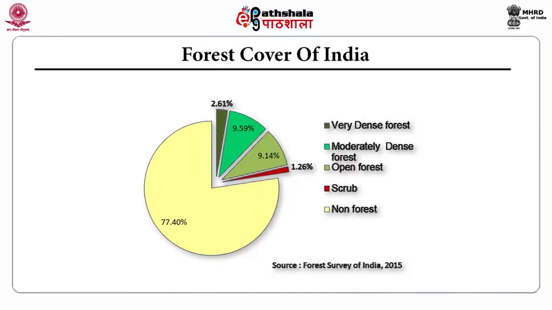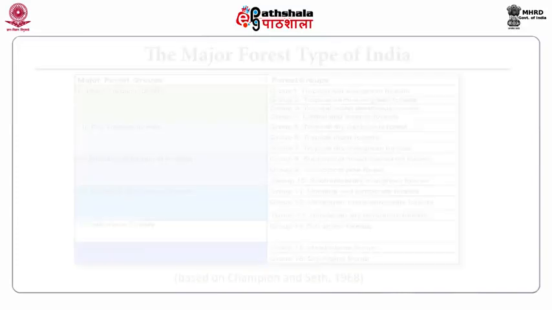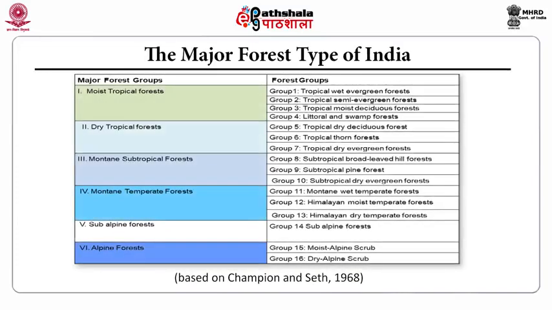It shows the very dense forests 2.61%, moderately dense forests 9.59%, open forests 9.14%, the scrub 1.2%.